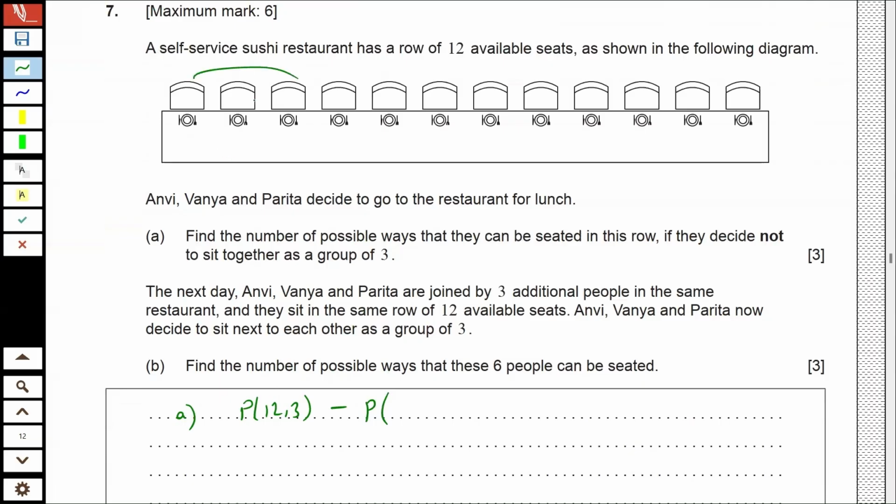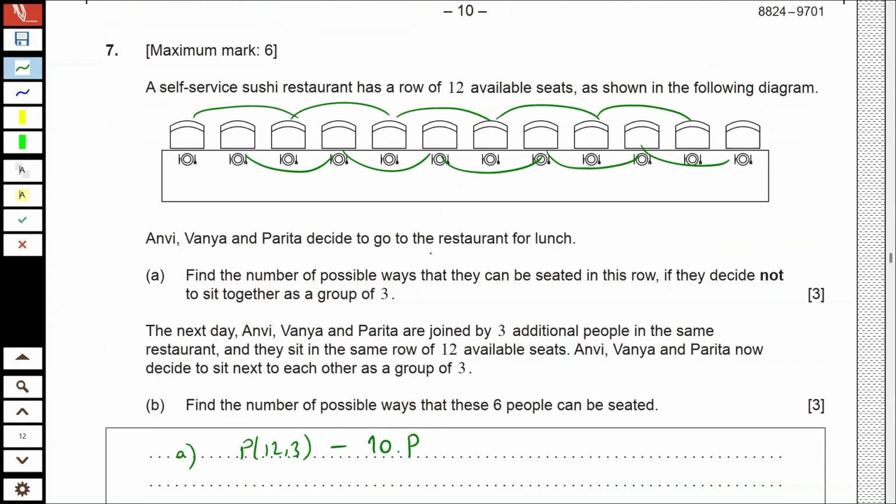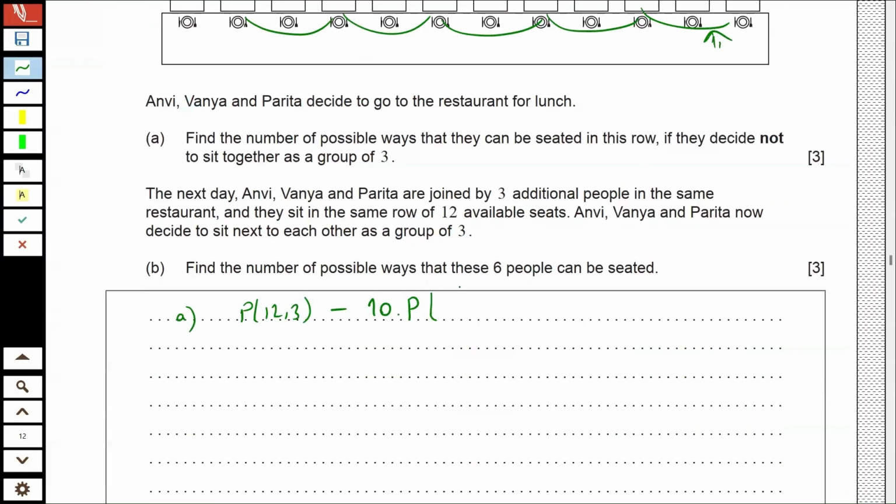For example, 1, 2, 3, 4, 5, 6, 7, 8, 9, 10 possibilities. In 10 cases, but they can also change the seats with each other. So I'm writing 10 times the permutation of three in three seats.